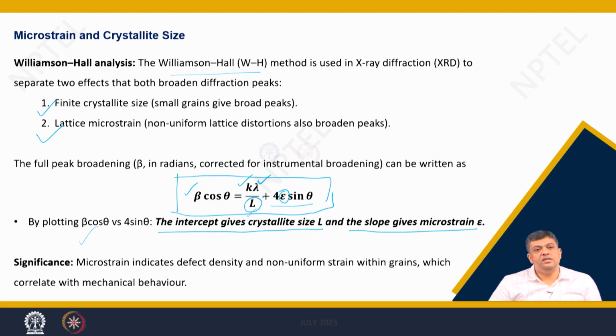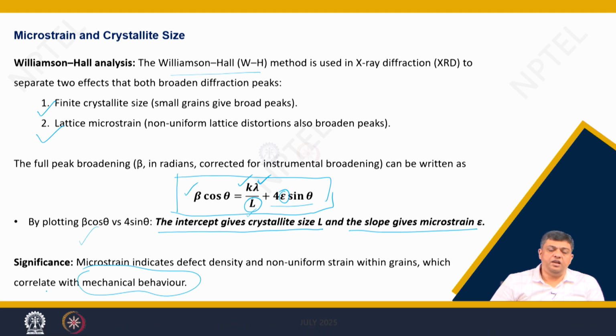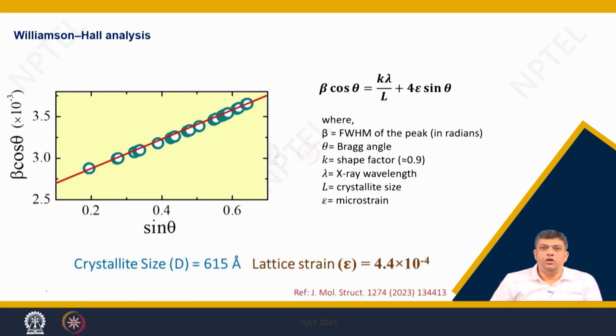And knowing these values, you can then correlate the behavior to the microstrain related to the mechanical behavior of the materials. So, you can just look into the typical curve which you will get.